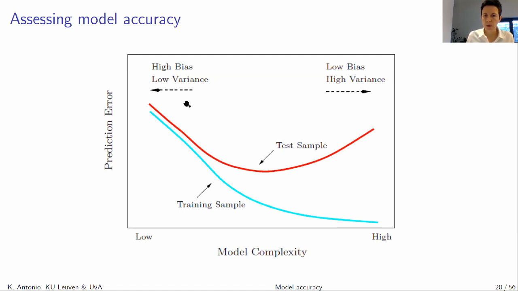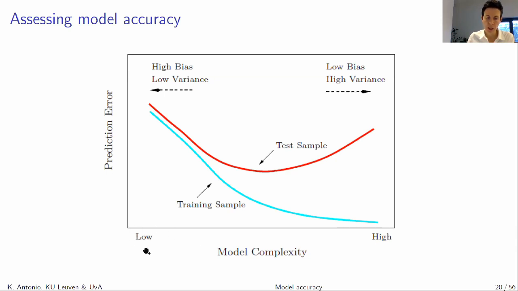This is an important visualization. It's taken from the Introduction to Statistical Learning book that I mentioned on the first sheet in this presentation. On my x-axis is the model complexity, ranging from low complexity to high complexity.